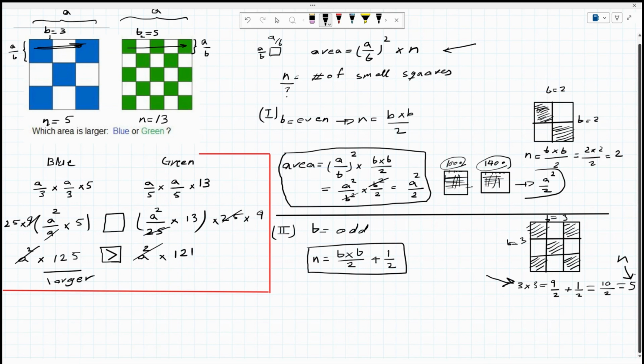So having this, the area is going to be, back to this function, a to the power of 2 divided by b to the power of 2 multiplied by n, which is b² divided by 2 plus 1 over 2.